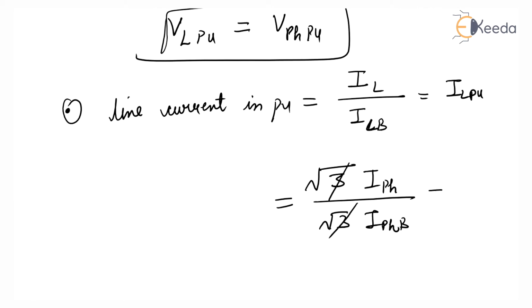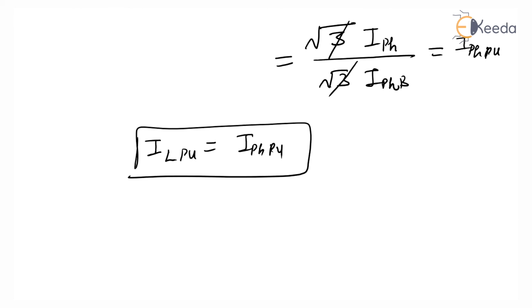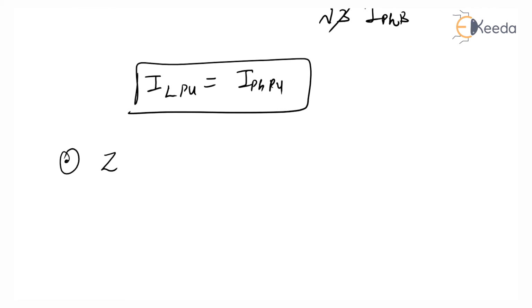So this root 3 cancels out, and IPH upon I base, actual current upon base current, is the phase current per unit. So from this we can see that line current per unit is equal to phase current per unit.